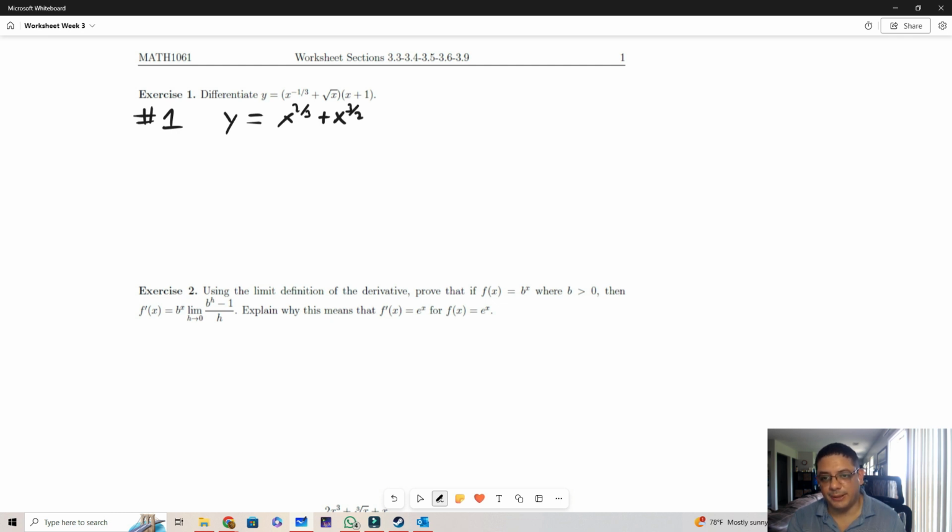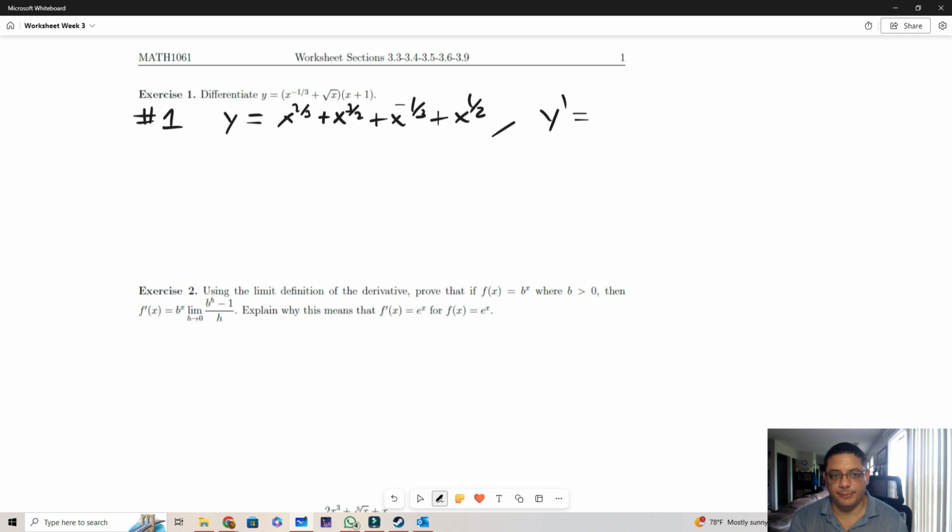And now we multiply the 1. So it will be plus x to the minus 1/3 plus x to the 1/2, that is the square root of x. Now, once we get that, notice that we can just simply differentiate here.